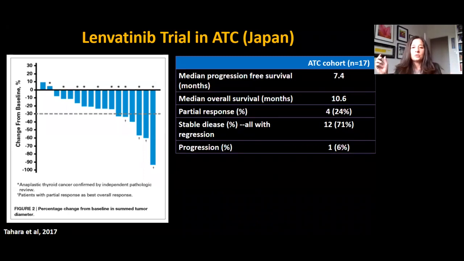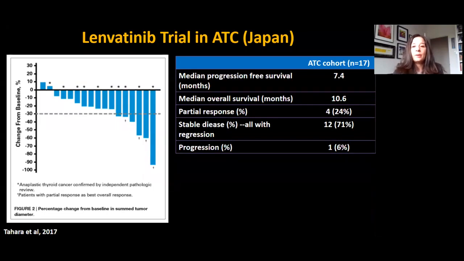So tumors start to hijack your blood vessels, and they start to get all these blood vessels to the tumor so that they can continue to grow. And so lenvatinib, one of the ways that it causes tumor shrinkage is that it prunes away those blood vessels so that the tumor shrinks.